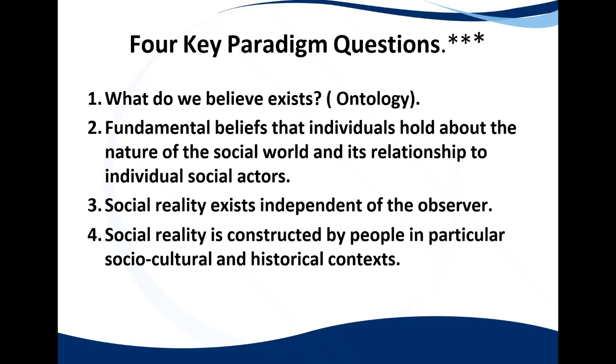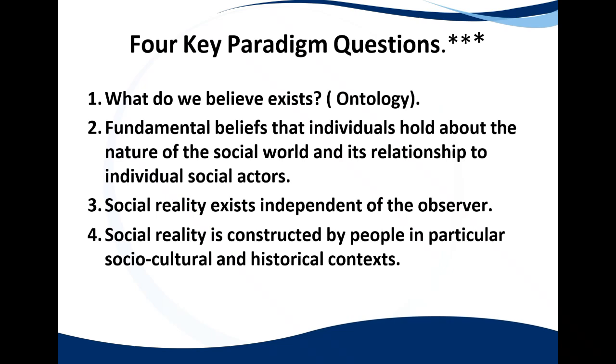So in the ontology, we also ask about the fundamental beliefs that individuals hold about the nature of the social world and its relationship to individual social actors. Now, those are very dense words. But if you can remember that the ontology speaks to the reality and what we believe exists.